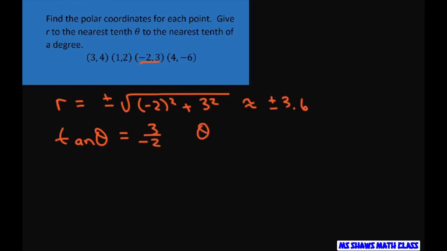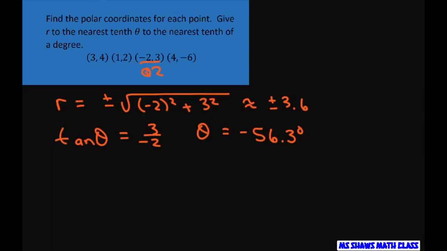And that gives us negative 56.3 degrees. We're in quadrant 2 for this one.